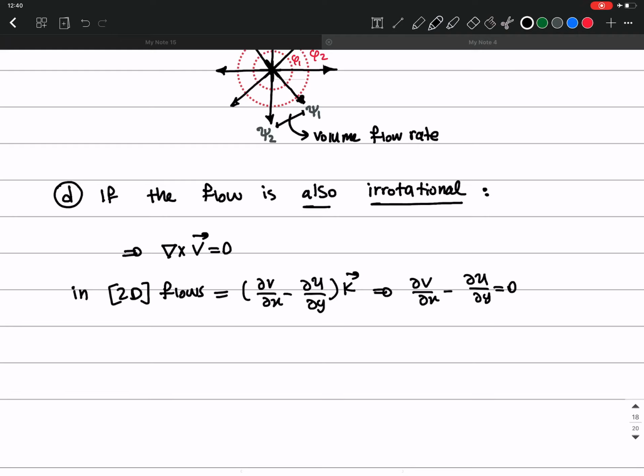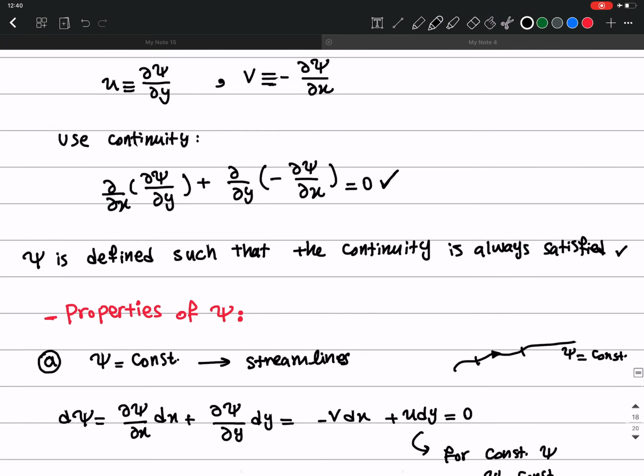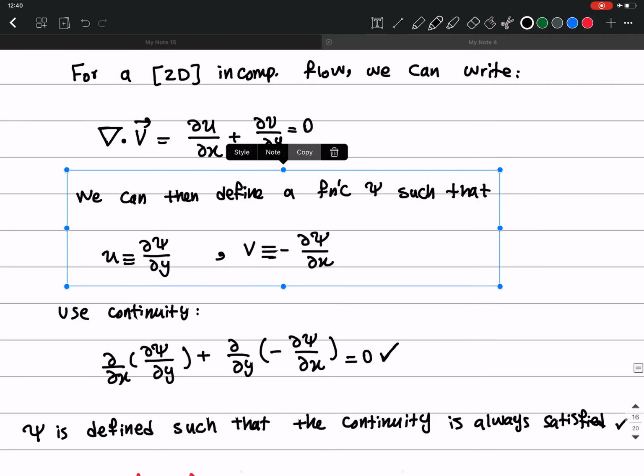And let's see what that is in terms of stream functions. Let me copy this here.